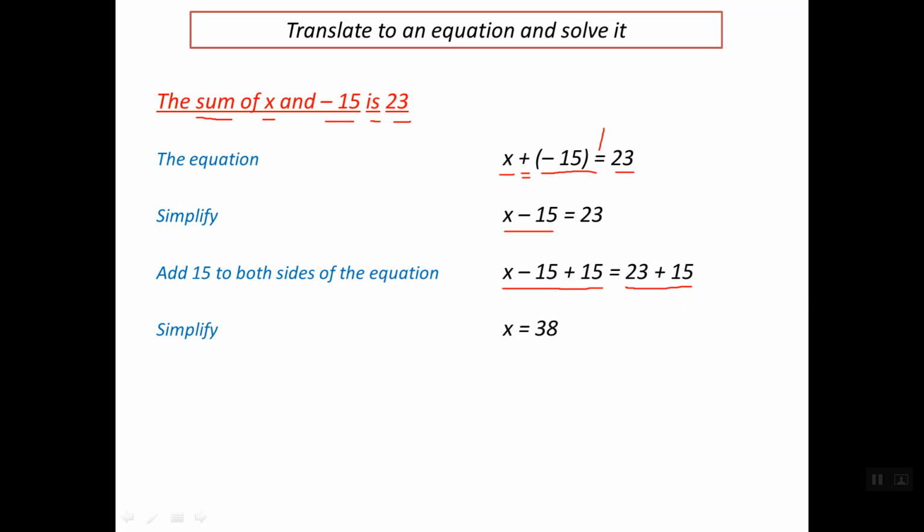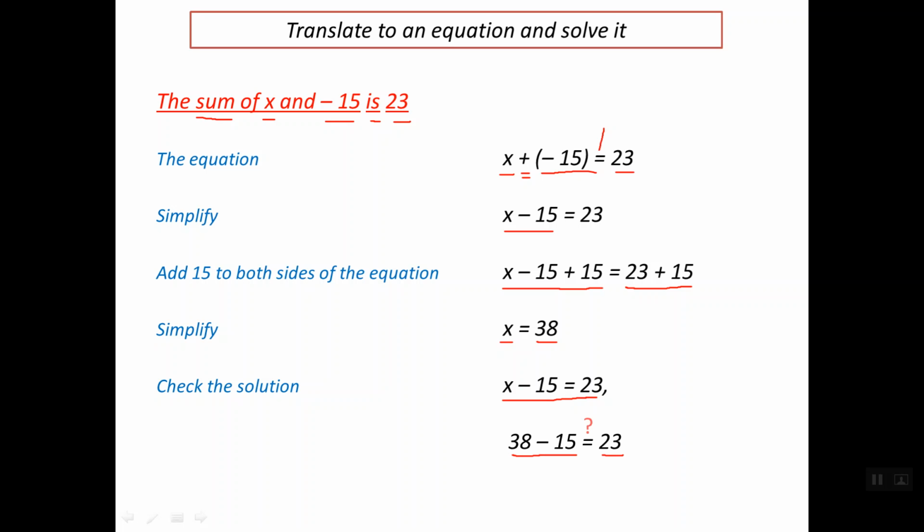Now we can simplify. On the left side, we have x alone. And the right side is the sum of 23 and 15, which is 38. So this is the solution for this linear equation. Now we can check this solution by substituting. This is the equation we have. Now we substitute 38 for x. So x minus 15 becomes 38 minus 15.